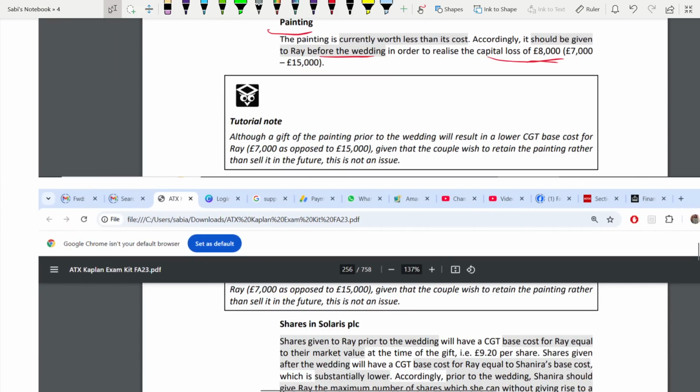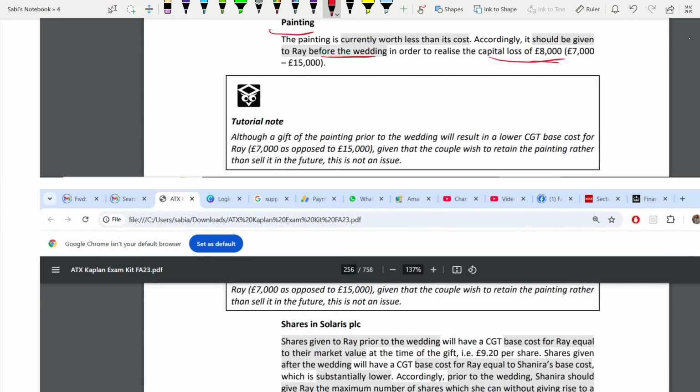But remember one thing: if you are giving it before the wedding, the CGT base cost for Ray will be 7,000, not 15,000. So it will be less. If the base cost for Ray is less, Ray has to pay more CGT in future if he sells the painting.